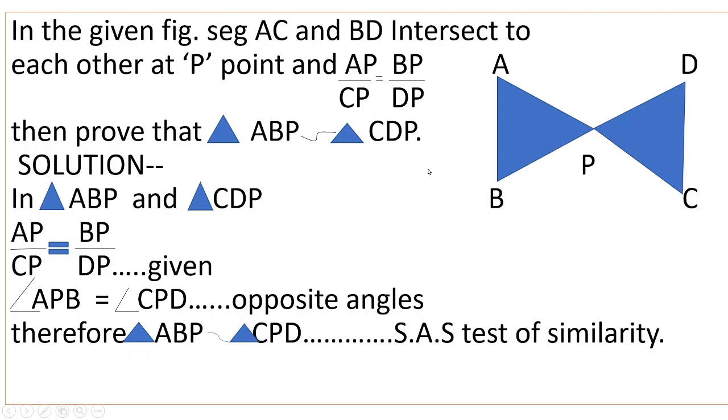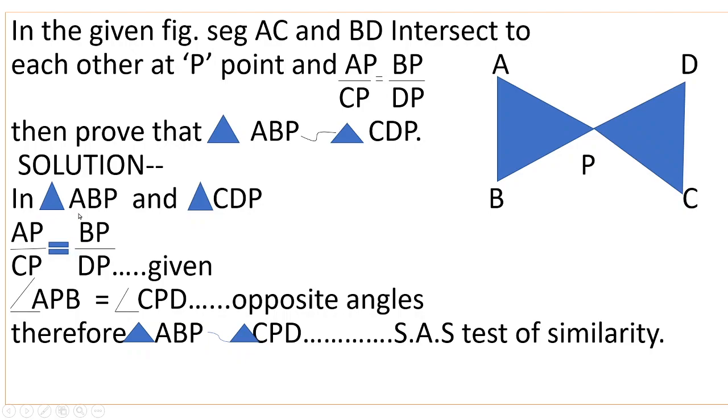So from this given diagram, you have to prove that triangle ABP, this triangle, and triangle CDP, this second triangle, are both similar using the similarity test.